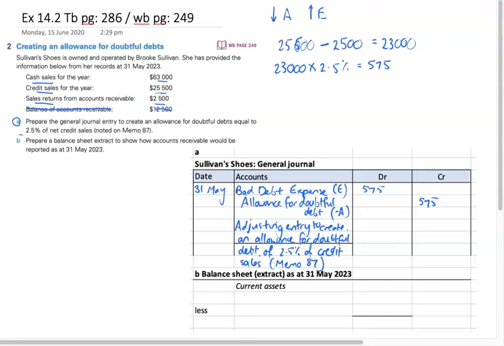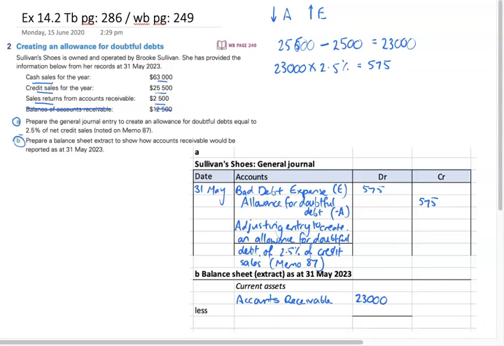We then need to prepare the balance sheet. Accounts receivable, as you know, are a current asset. But we need to now recognize that not all of our accounts receivable is going to come back to us. So we're going to write our accounts receivable, which is $22,500 because we don't subtract the $575 off the total.